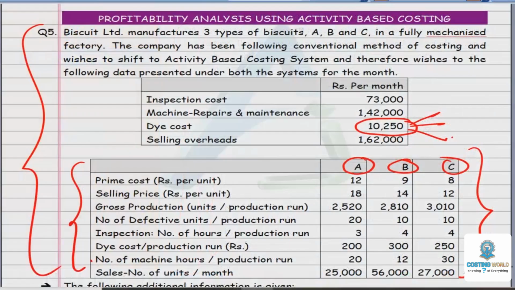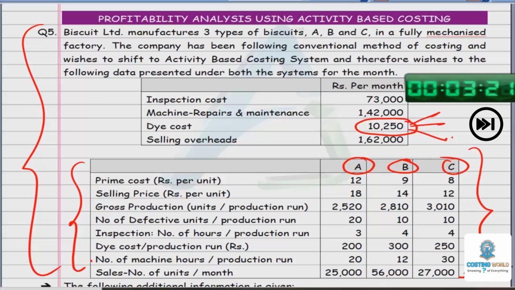But I give you 4 minutes. Read the question properly from the beginning and then start to try. Try. You should be able to get it. You will get it. Just try properly. I want the breakup of 10,250 among the three products.